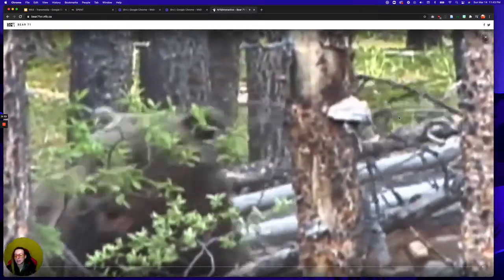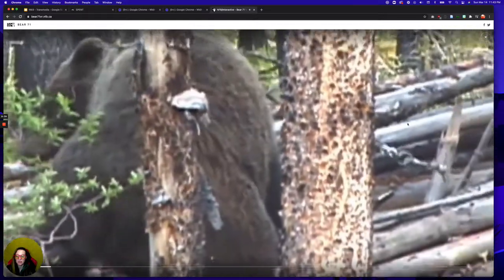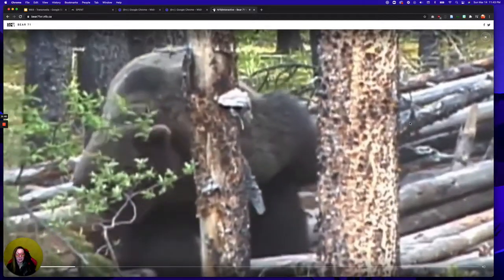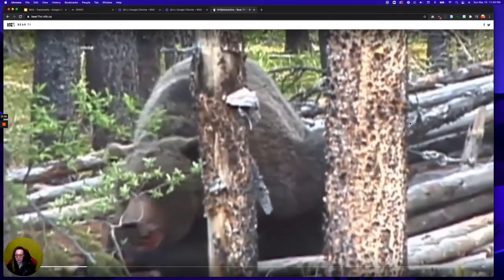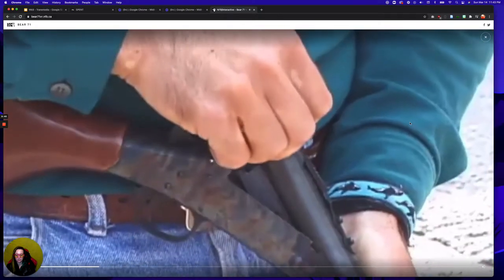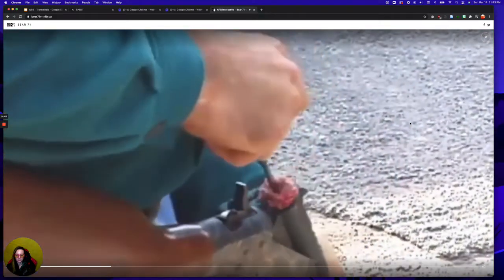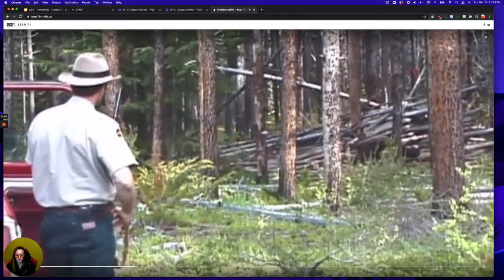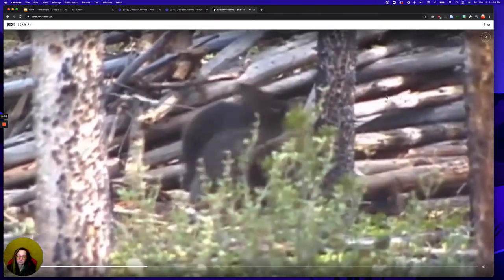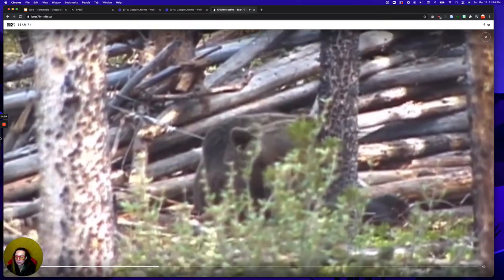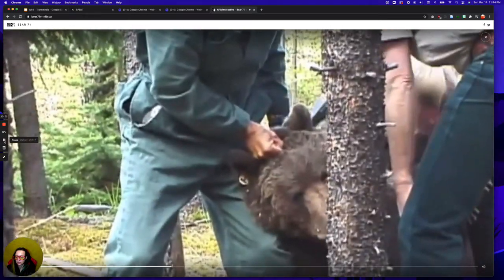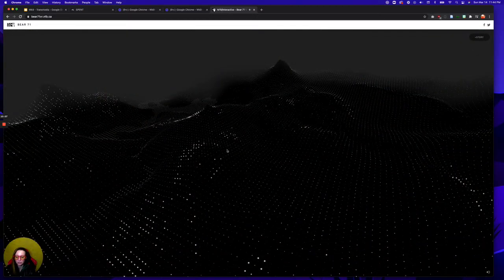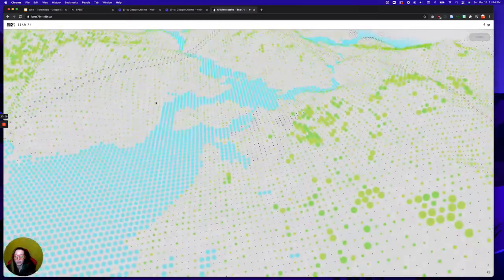And I accidentally clicked on something, which was a video of the bear and a moment in the story of its life. And on my own time, I can choose to close that and do some more exploring of this story.